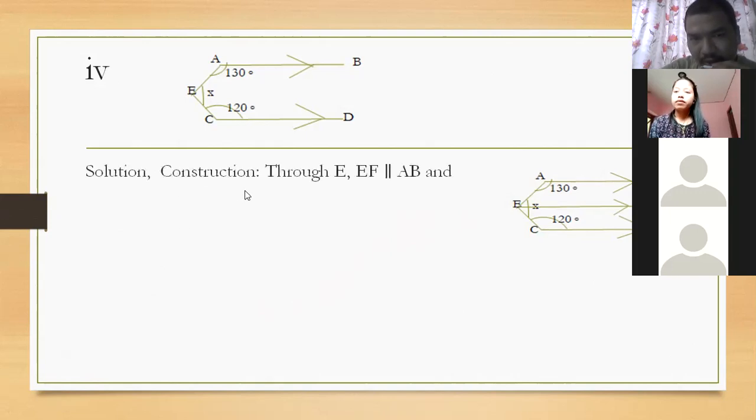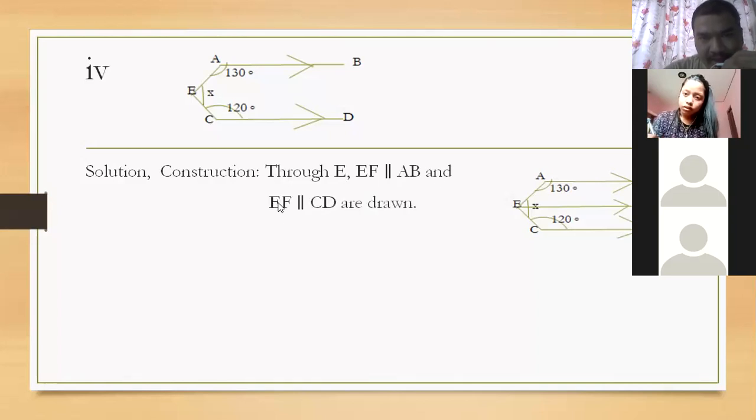Construction: through E, EF is parallel to AB and EF is parallel to CD are drawn. This is the symbol of parallel line. This line is parallel to this and this line is parallel to this, constructed.